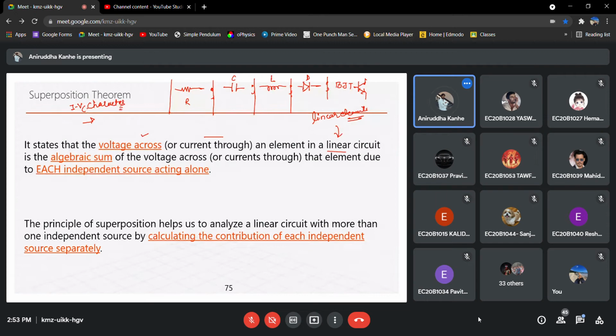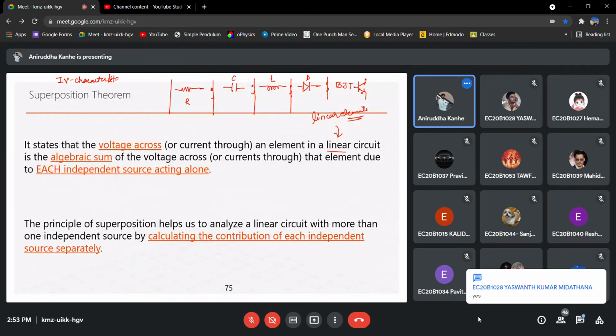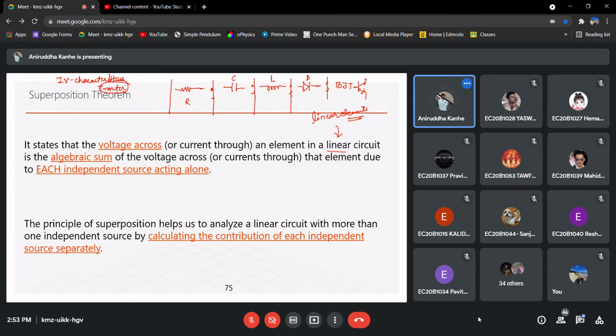So you have to look into its IV characteristics, or sometimes the transfer characteristics. It depends on what kind of things you are using.